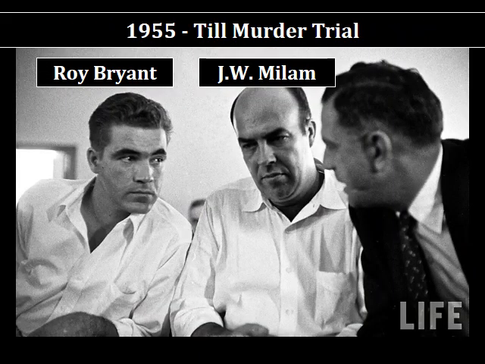It's not that difficult to figure out who is responsible for the murder. Bryant and Millam are charged with murder, and witnesses are called, evidence is presented, but the outcome of the trial is essentially what everyone can guess.